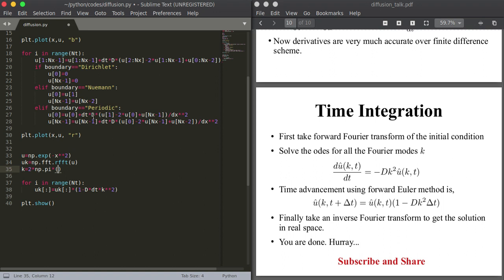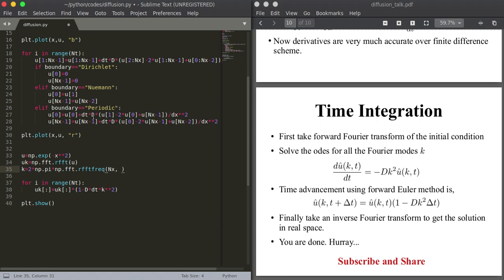So I call np.fft.rfftfreq. As I am using RFFT, here also it is rfftfreq. Its first argument should be the number of points, and then the interval.